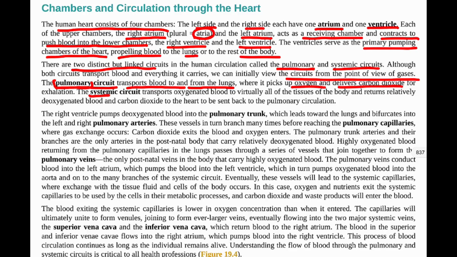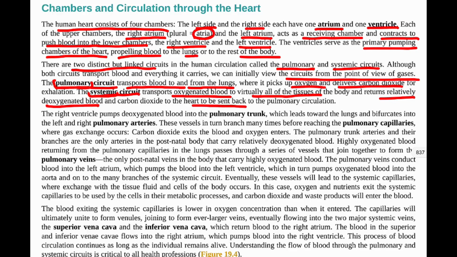As it sounds, systemic is going to the rest of the system, so the body tissues. Pulmonary is talking about the lungs part, and systemic circuit is talking about the rest of the body. That's going to transport the oxygenated blood, which has a lot of oxygen, O2, to virtually all of the tissues of the body, and then return relatively deoxygenated blood and carbon dioxide to the heart to be sent back to the pulmonary circulation.